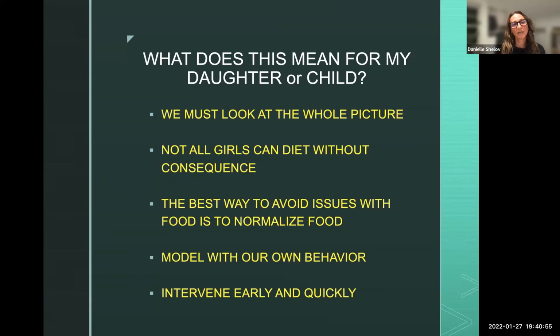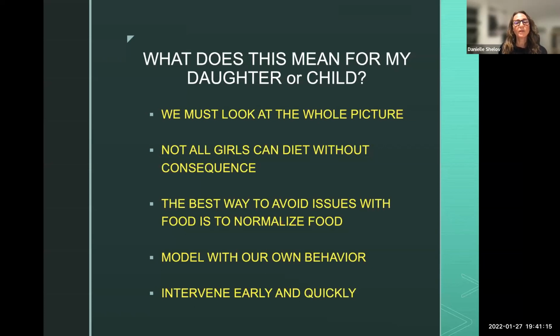There are ways that we can navigate talking about food without it necessarily being about weight. The other thing to remember, like we talked about, is that if your daughter decides to go on a diet, that can inadvertently trip an eating disorder or precipitate one without meaning to do it.